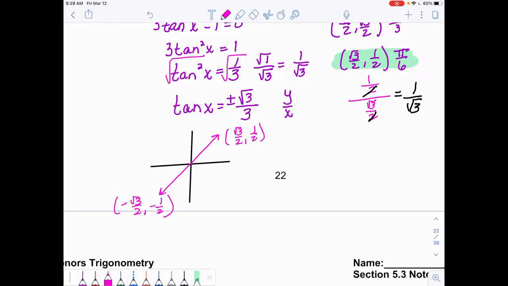Hayden, where is tangent negative? In the second and the fourth. Because it's a plus and a minus, I actually have 4 answers. 2 of them are in first and third. The other 2 are in 2 and 4.